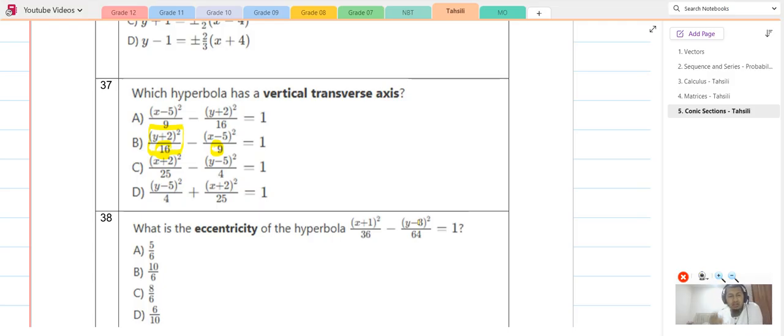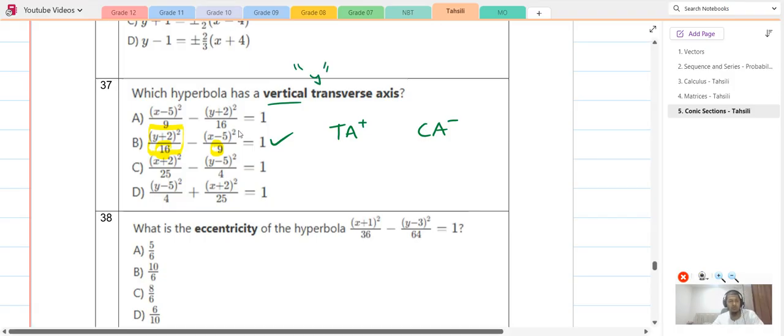Why can't it be D? It can't be D because there's a plus, right? So vertical transverse axis is only B, because transverse axis needs to be positive. The conjugate axis is negative. Transverse, the positive part, because they said vertical, is dealing with y, right? So it's option B. Nice theoretical question.